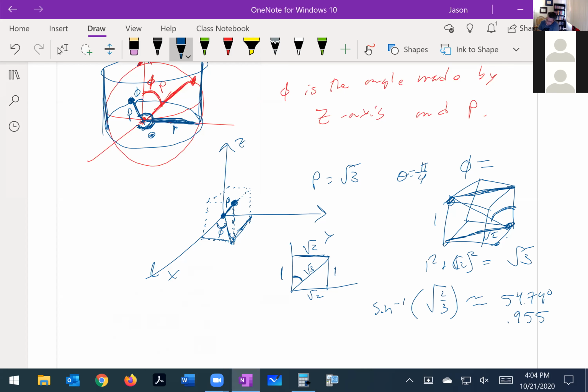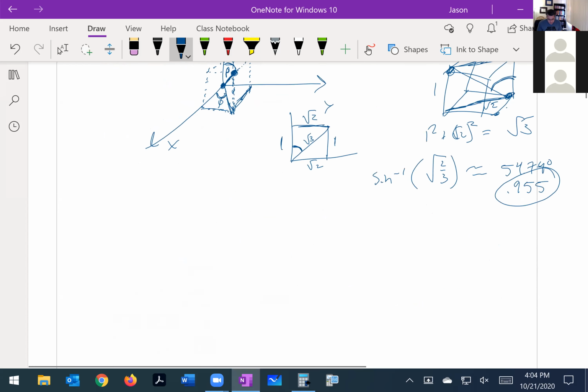It's not too pretty, but that is what phi is in this example. Okay, so you get the idea.